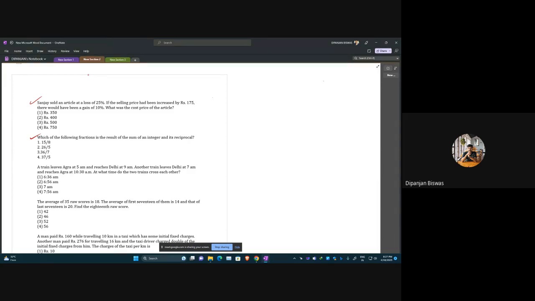Suppose we assume CP was 100. So if there was a loss of 25, the SP should be 75. And if the selling price had been increased by 175, there would have been a gain of 10%. So to get a gain of 10%, the SP should be 110.